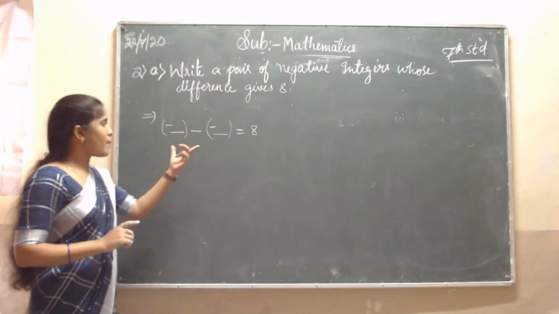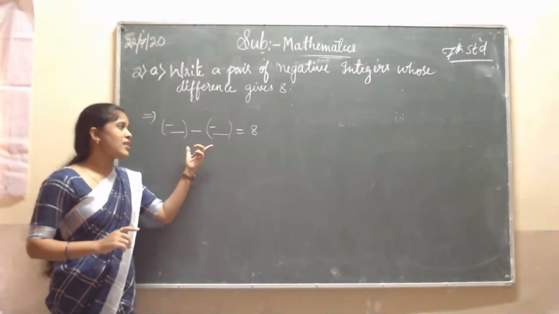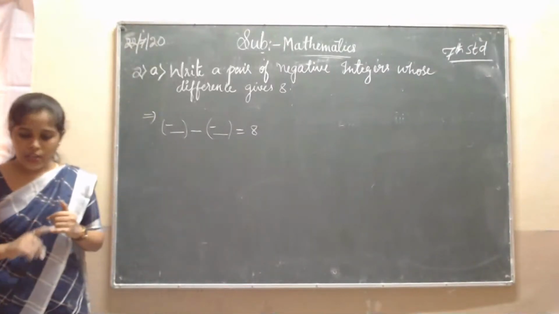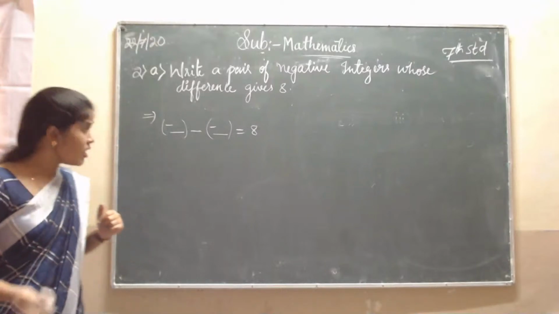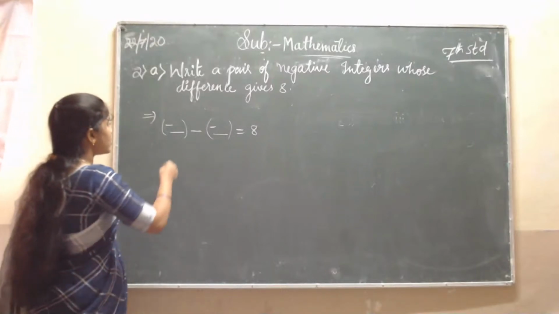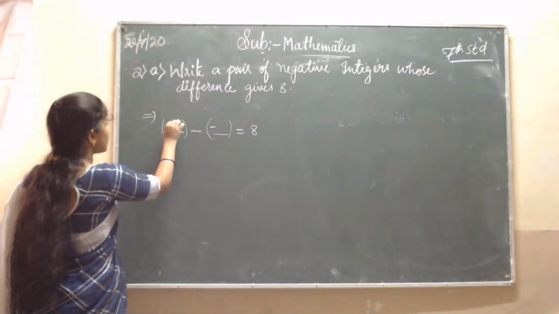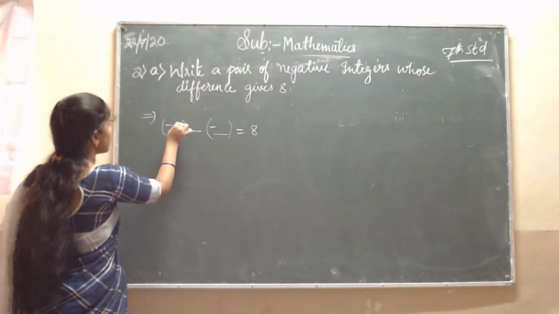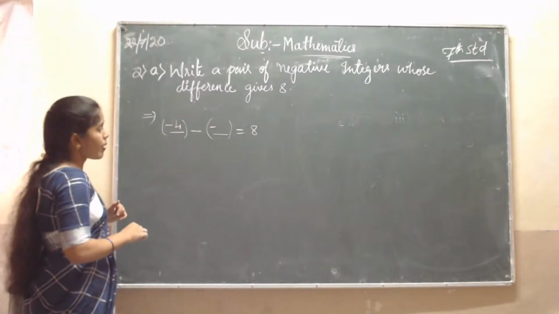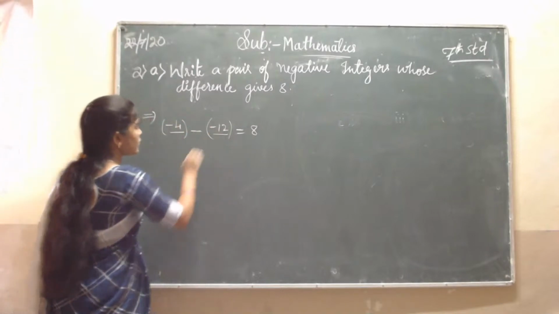So take two numbers and subtract in such a way that you get 8. Now let's see. Take whatever. Here take 4 and here 12.